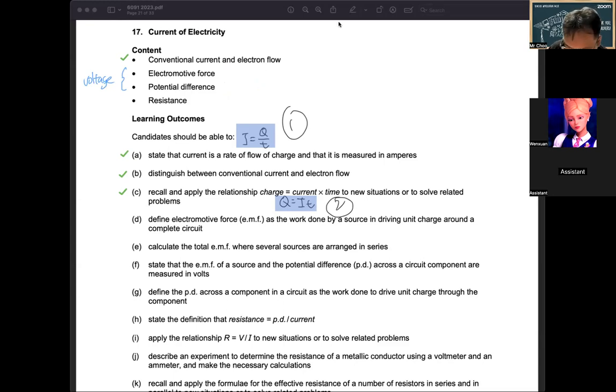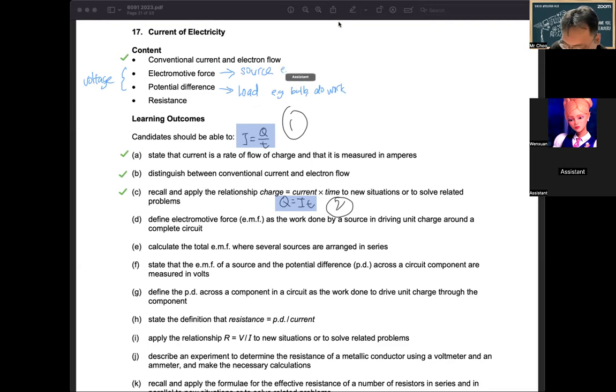The potential difference measures the voltage of a load. A load can be, for example, a bulb, anything that actually does work. The EMF is actually the voltage of a source.